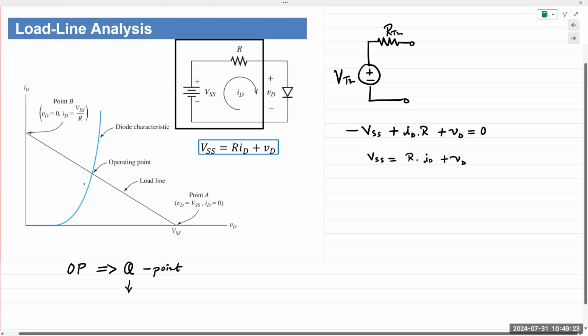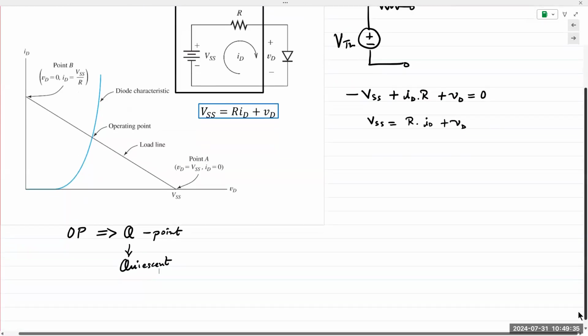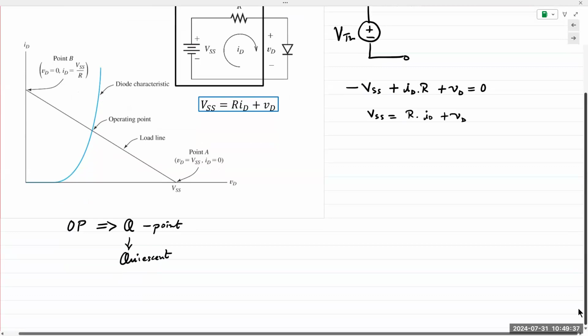And this Q stands for quiescent. Let me scroll up. Q stands for quiescent, because it can move depending on the value of R and VSS.